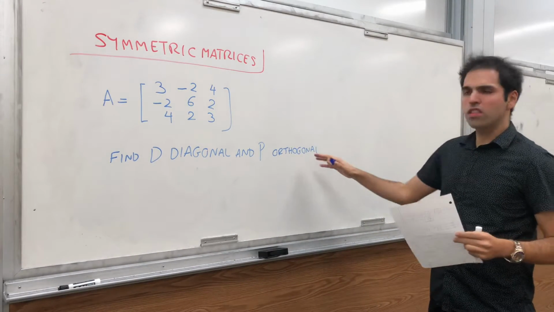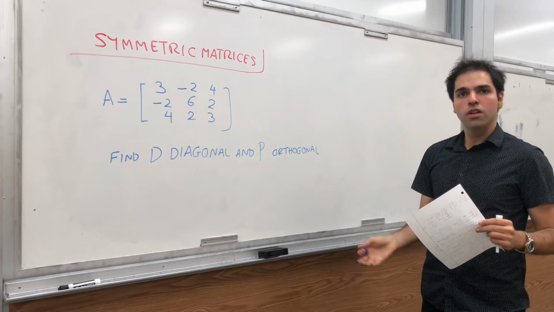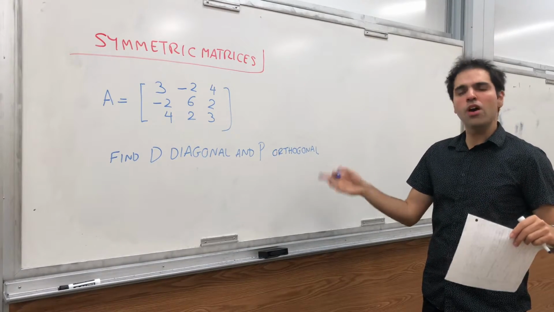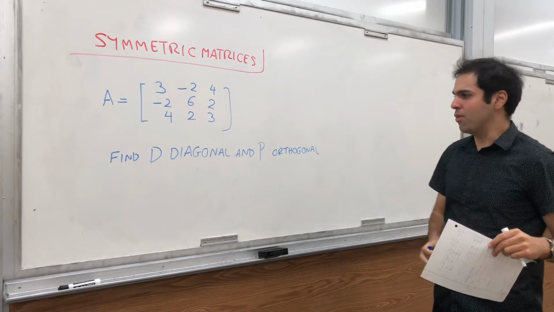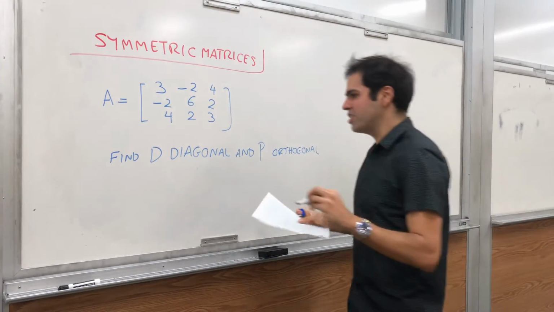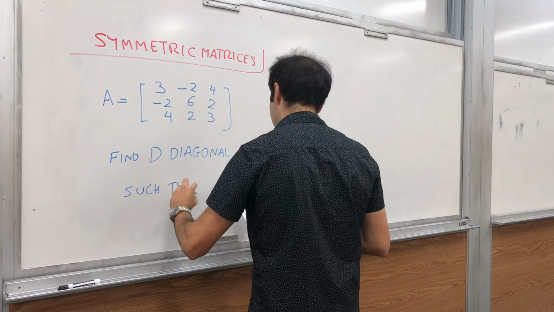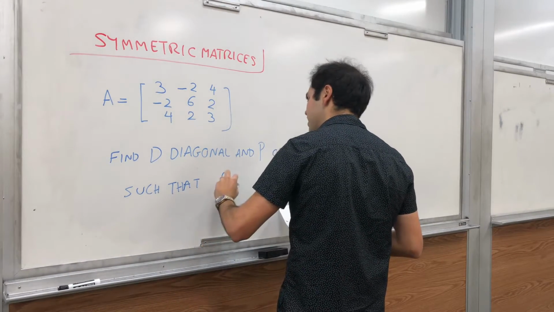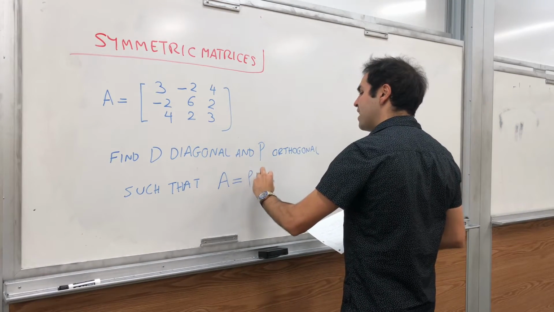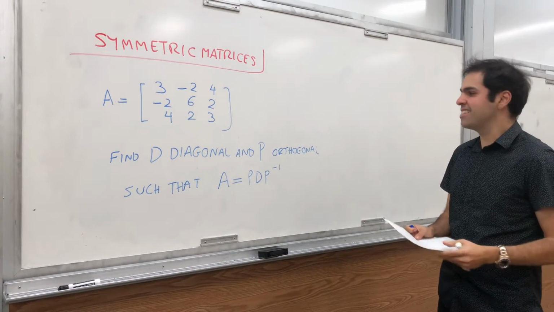And orthogonal just means the columns of P are orthonormal. So the dot products of different vectors are 0, and each vector has length 1. So it's even better than invertible. Usually in the diagonalization process we have A is PDP inverse, but here's the nice thing.